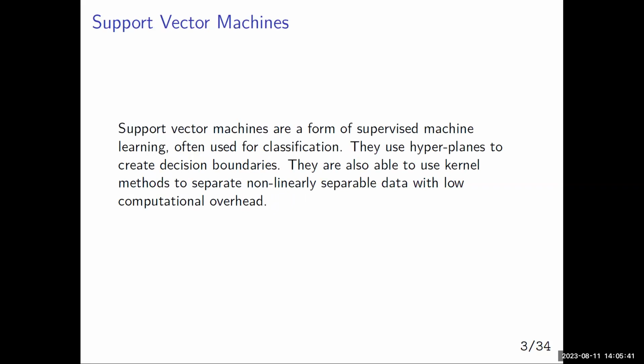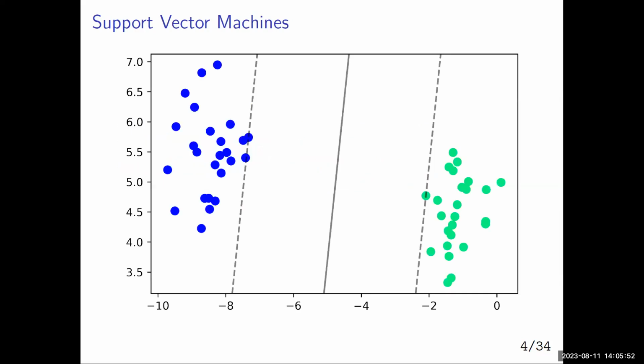So a support vector machine is a form of supervised machine learning. We usually use it for classification. So this is a very simple example of one. So we have two groups of data, the green and the blue.